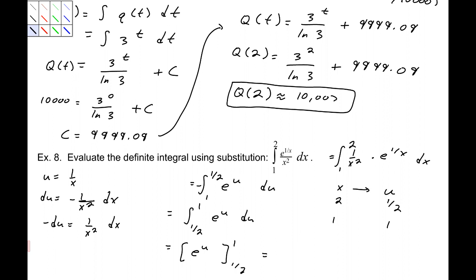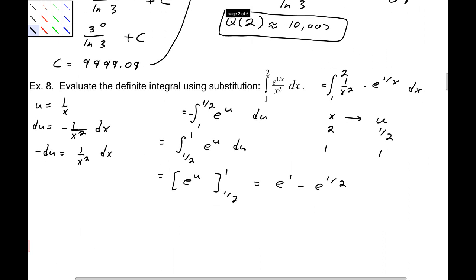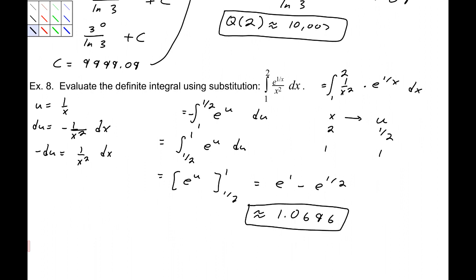So this will be e to the 1 minus e to the 1/2, which is approximately 1.0696. That's the approximate value of that integral.